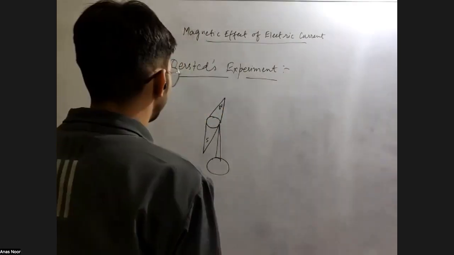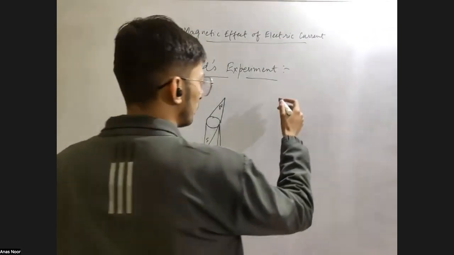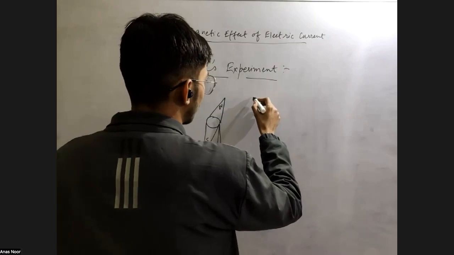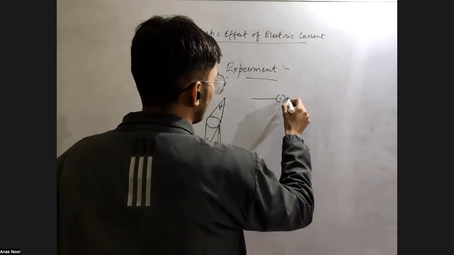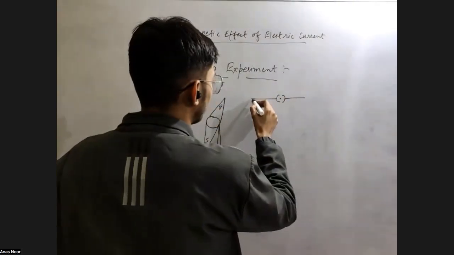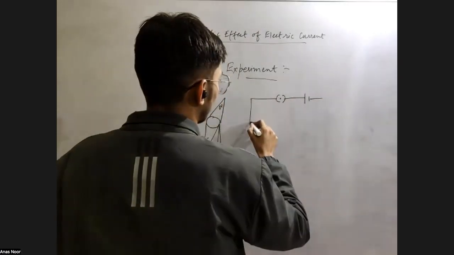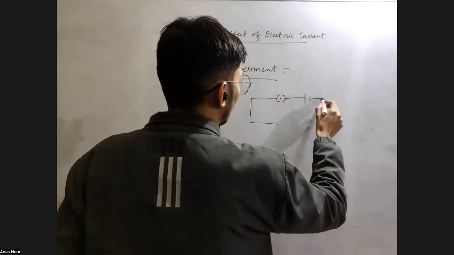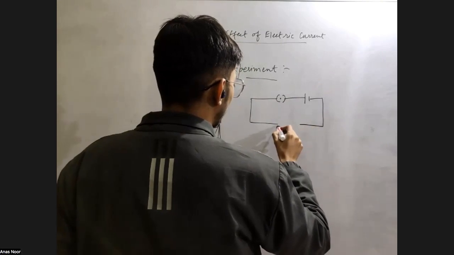Now what Oersted did was, he took a circuit which consists of a battery and a key, and you can also put in an LED here, or you may not.